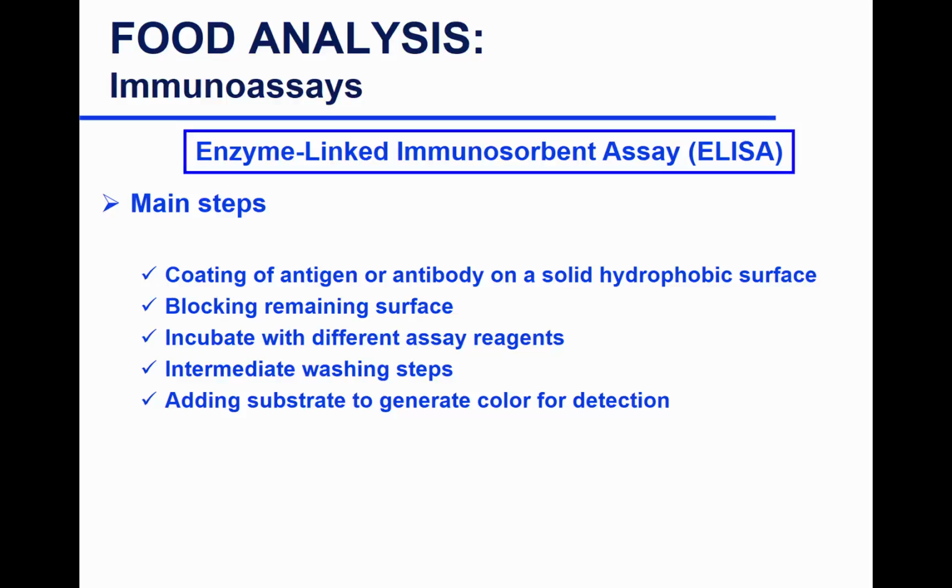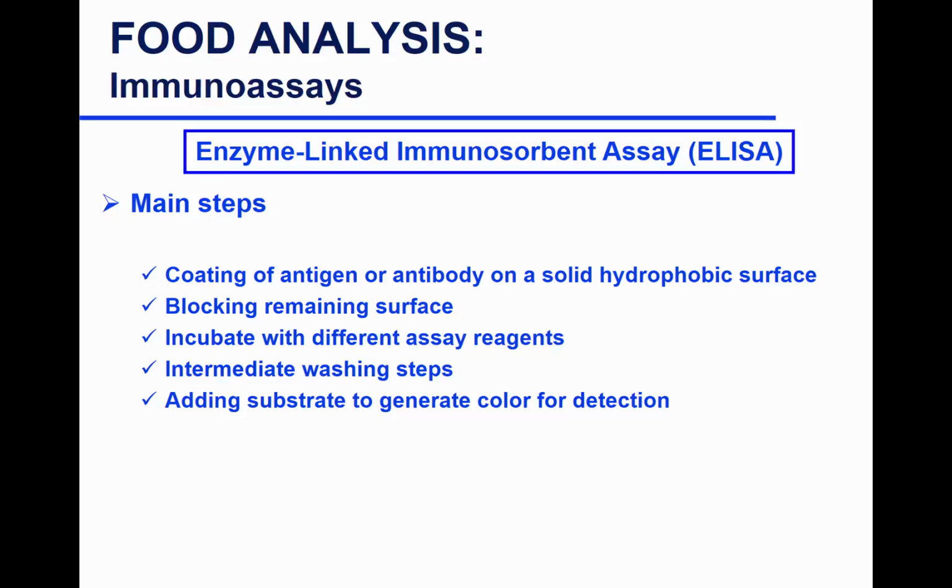Oftentimes it's a plastic surface, and the hydrophobicity of the plastic attracts the hydrophobic regions on a protein, and usually it's an antibody, or an antigen if the antigen is a protein. So you can start with an antibody solution or an antigen solution, and you allow it to interact, you allow it a certain time, and then you do a washing step. You wash. There are also microplate washers that you can use. We have one in the lab that Chelsea uses for her immunoassays for allergens.